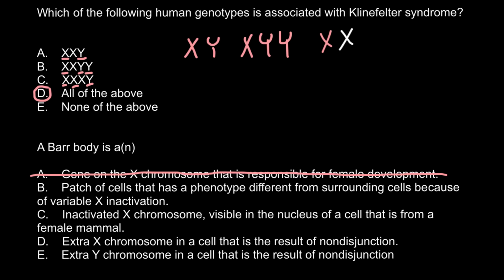For example, at the early stages of the development of the female, when there are only a couple hundred cells, both X chromosomes are active, but later some of them become inactive and form a Barr body. And later on, when such cells replicate, the same X chromosome stays inactivated.